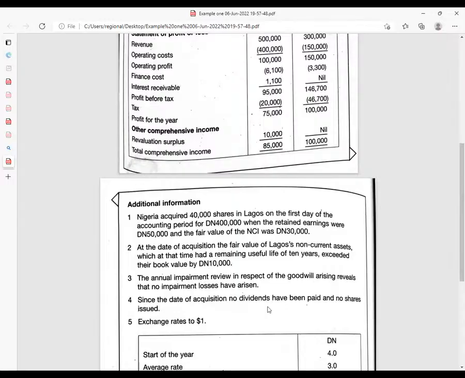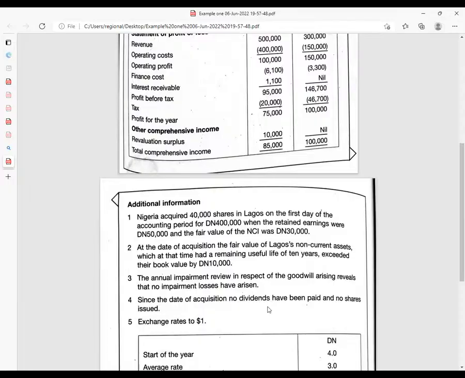At the date of acquisition, the fair value of Lagos's non-current assets, which had a remaining useful life of 10 years, exceeded their book value by DN 10,000. The annual impairment review of the goodwill arising reveals that no impairment losses have arisen. Since the date of acquisition, no dividends have been paid and no shares issued.